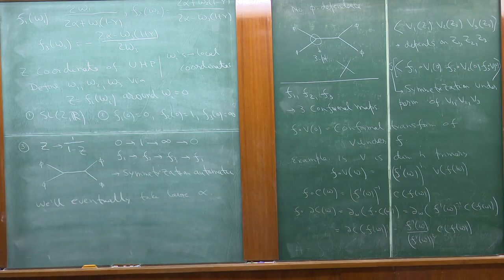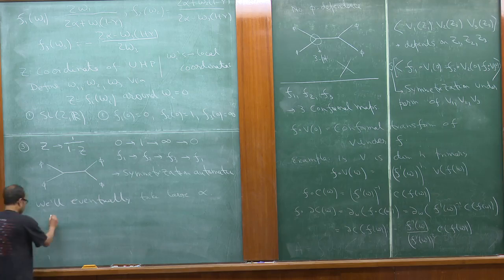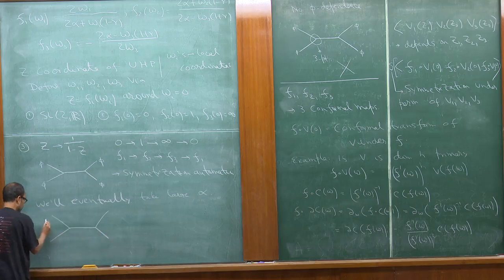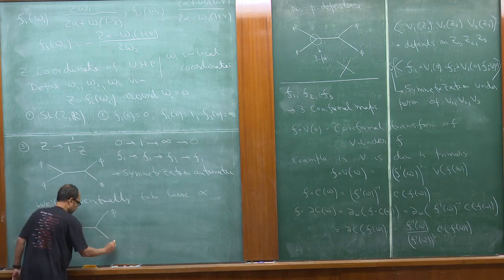Okay. So now I am going to state a result without proving it. Next time we will try to indicate how that comes about, but I will just state the result and then proceed with that. Let me remind you what the problem was again. We have phi, phi, phi, phi.